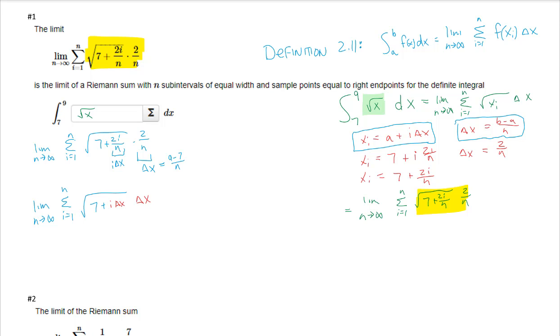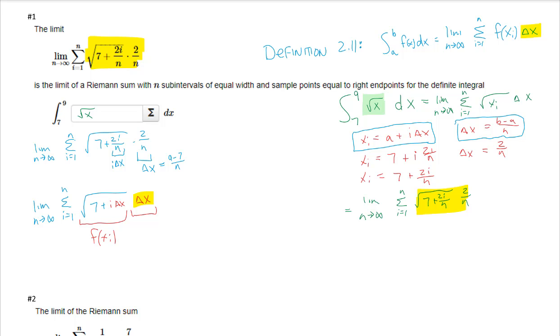So I already have the delta x found. Now this whole thing must be my f of x sub i.